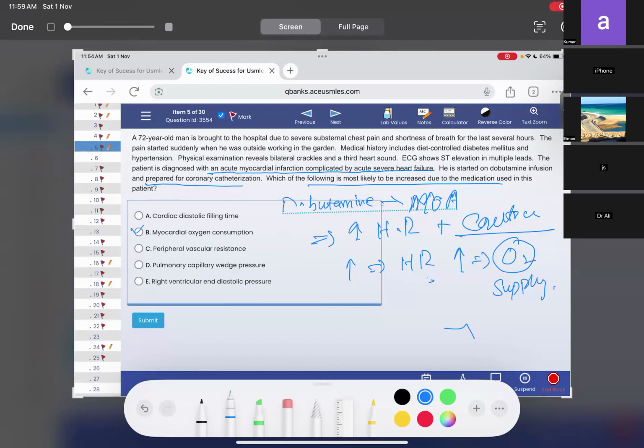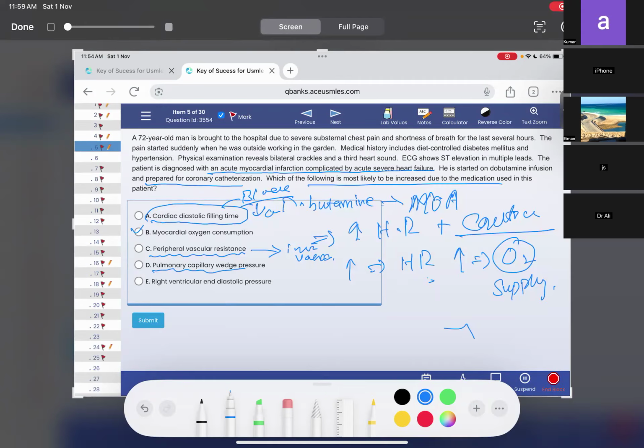Excellent, B. Cardiac diastolic filling time is usually increased by beta blockers or calcium channel blockers, and peripheral vascular resistance should be increased by vasoconstrictors, not vasodilators.